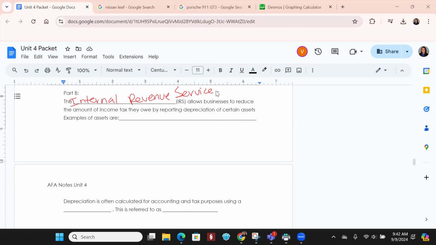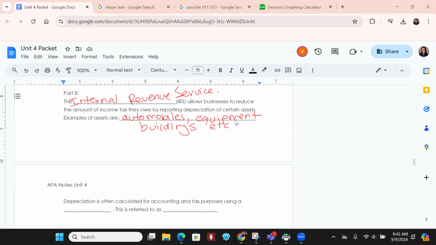Some examples of this are automobiles, equipment, buildings, etc. You can actually get a tax deduction based off of the automobiles, the equipment, and the buildings that you purchase for your business.